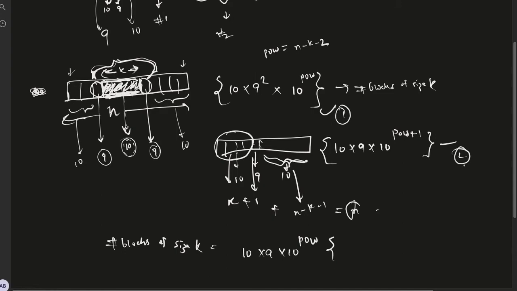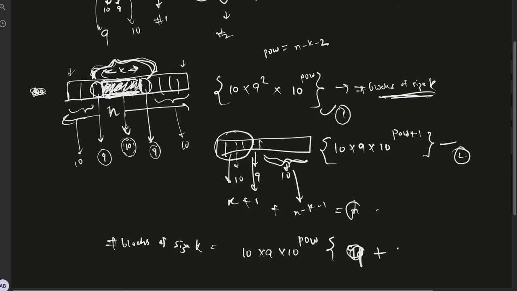That is 10 into 9 into 10 power pow, plus, and this is the number of blocks of size k for one window.